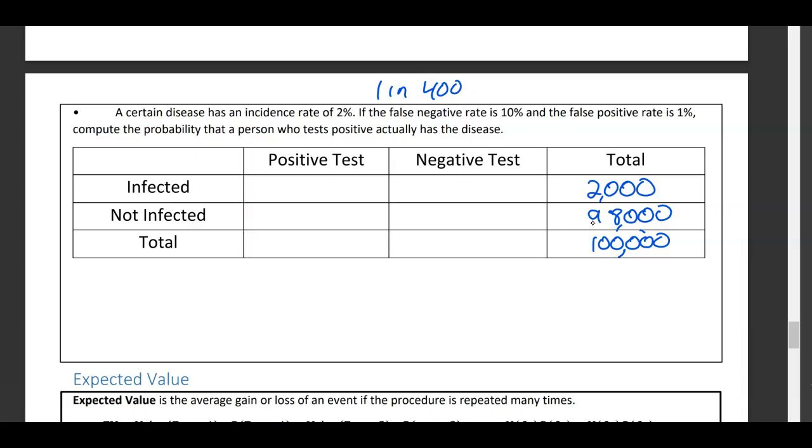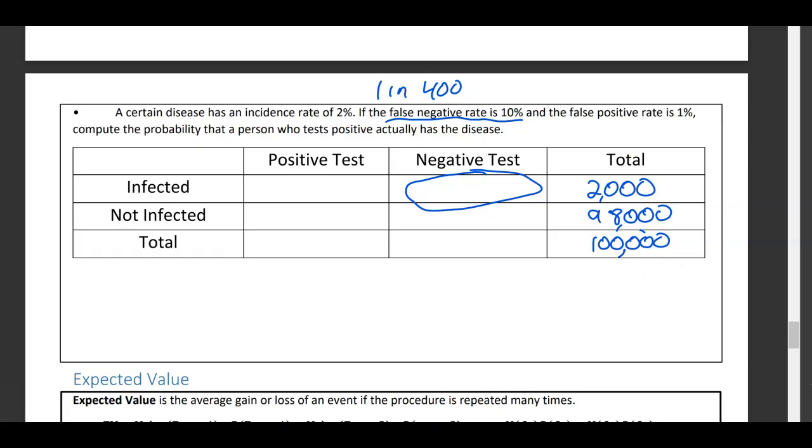All right. Next up is this false negative rate. False negative, it's negative and it's false. It's this one. That's false negative. Why is it negative? Well, it's in the negative column. Why is it false? Because they were infected. They should not have gotten a negative test.